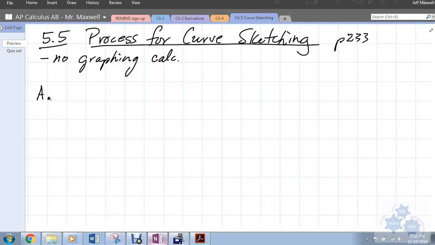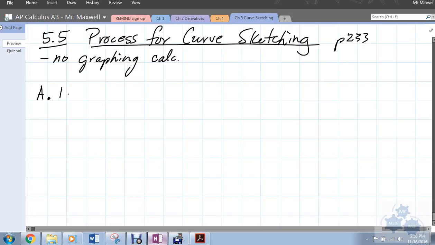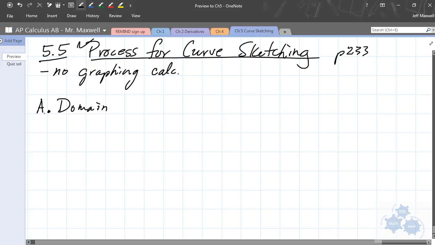For example, the first thing you want to identify is the domain. So A is domain. We're talking about a process. The first step is identifying the domain. Of course the domain is x values, right? So we're looking for x values that are restricted.